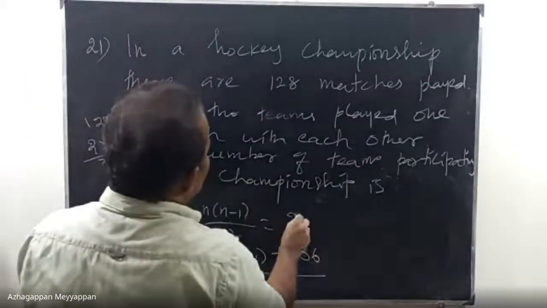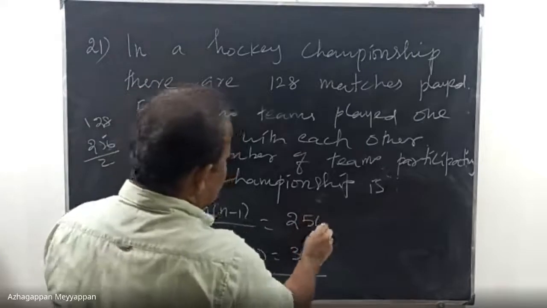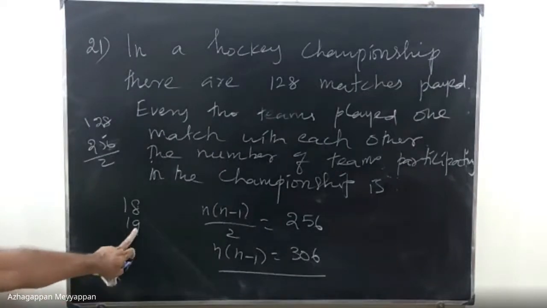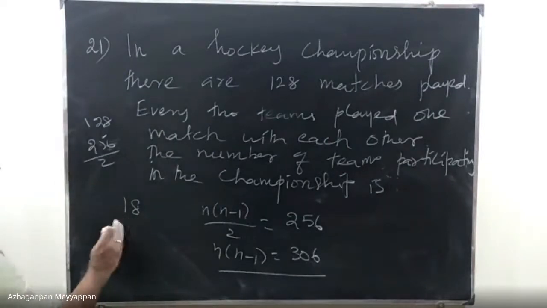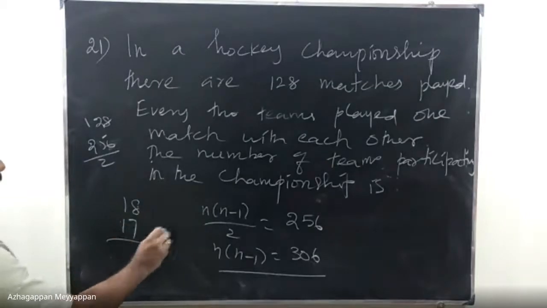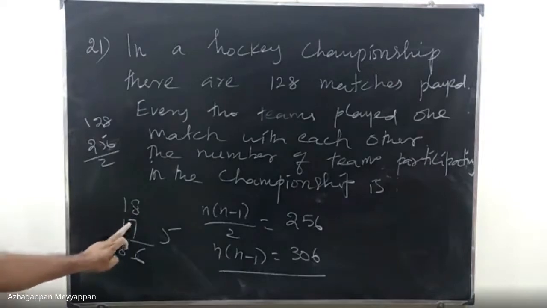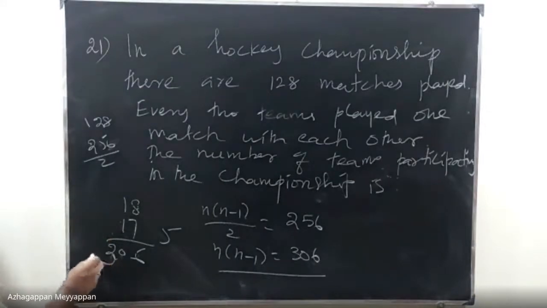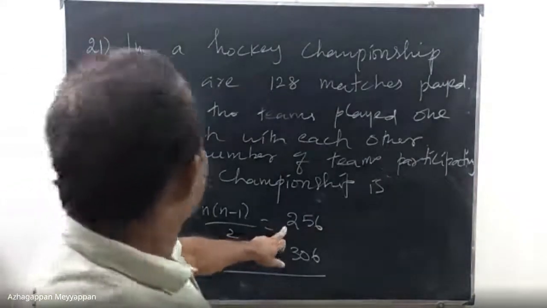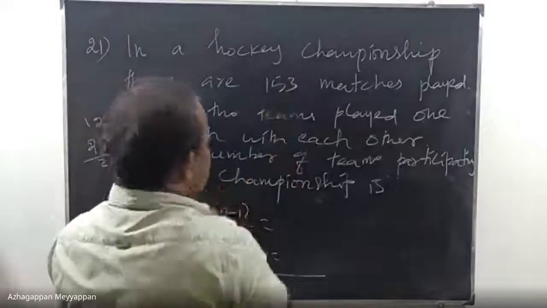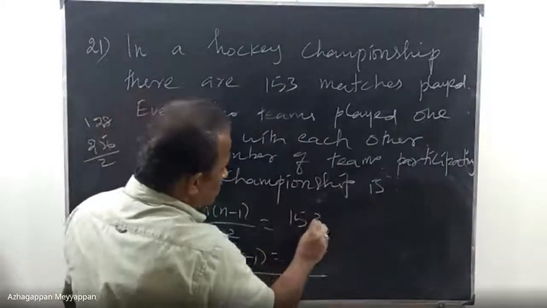Okay, 256. Then 18 into 17, okay, 306. 153, yes, it is right. 153 is right, so therefore this is 306.